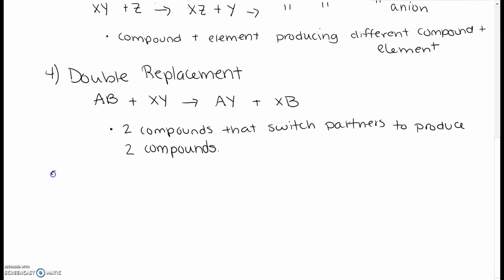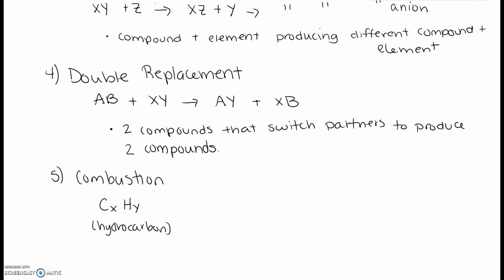Then the last type of reaction is combustion. Okay, with a combustion reaction, we have a hydrocarbon. A hydrocarbon is a carbon-hydrogen compound. I put X and Y because there are different ratios at which carbon and hydrogen can bond.